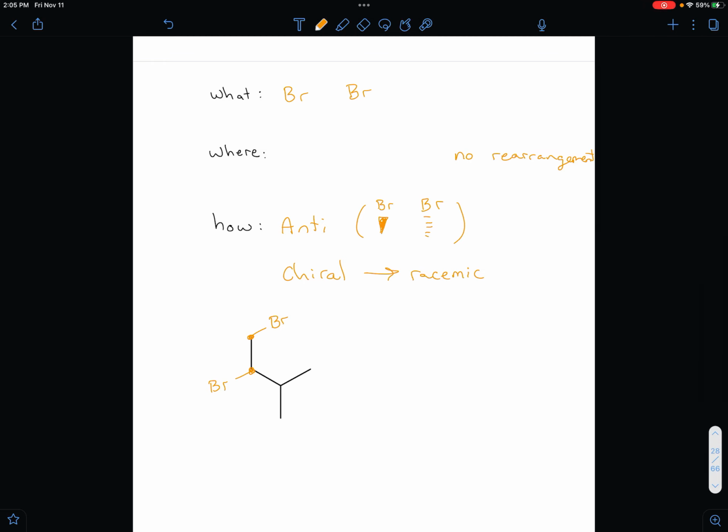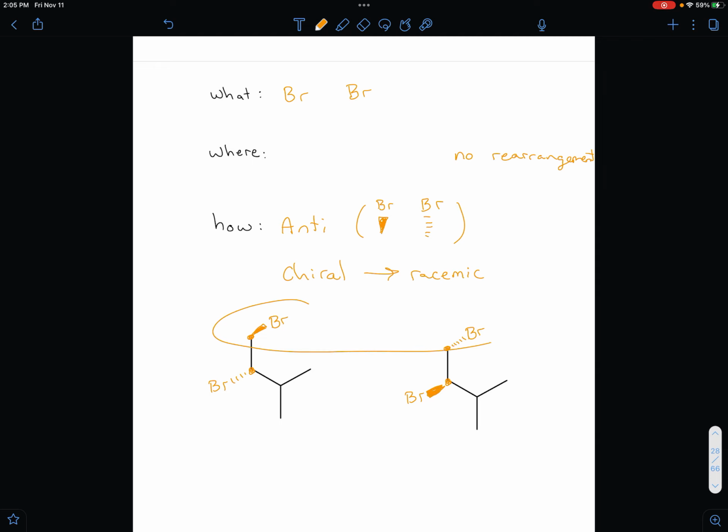And so you want to make sure you have both enantiomers. In one case, you would have this bromine adding towards you, and the other bromine would be going away from you. That would be one of your enantiomers. And then in the other case, it would be switched. So this bromine would be going away from you, and this one would be coming towards you.